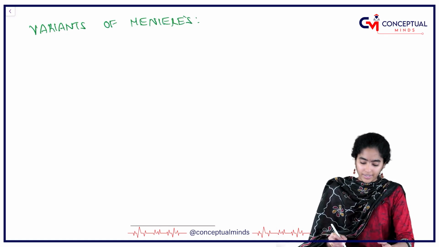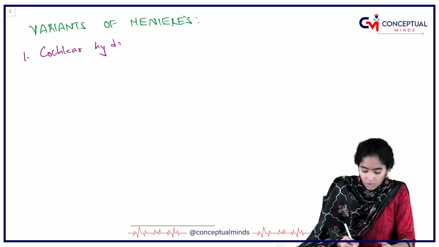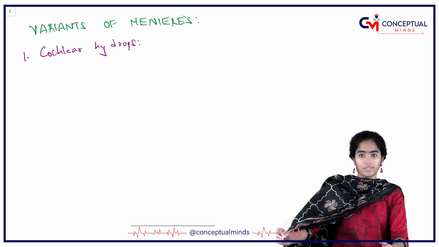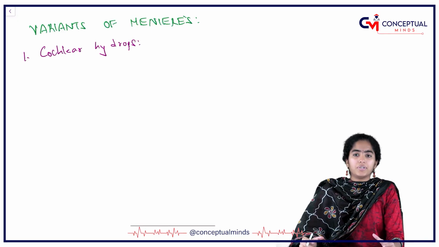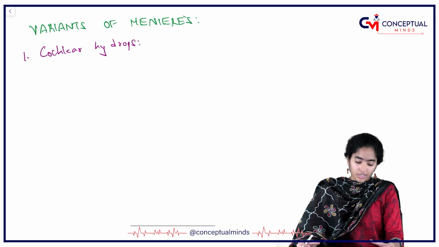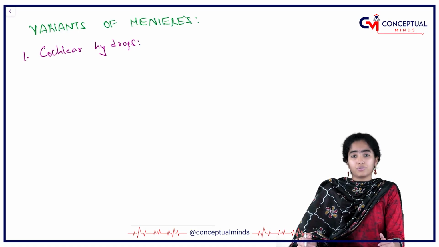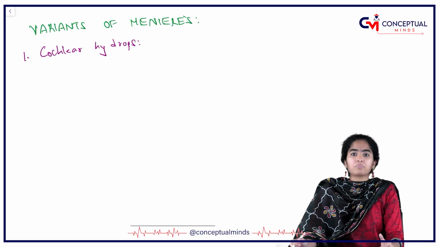The first variant is called cochlear hydrops. What is cochlear hydrops? Only cochlear symptoms of Meniere's disease are present. Vertigo is seen many years later. So cochlear hydrops after a few years, many years, can progress to Meniere's disease.